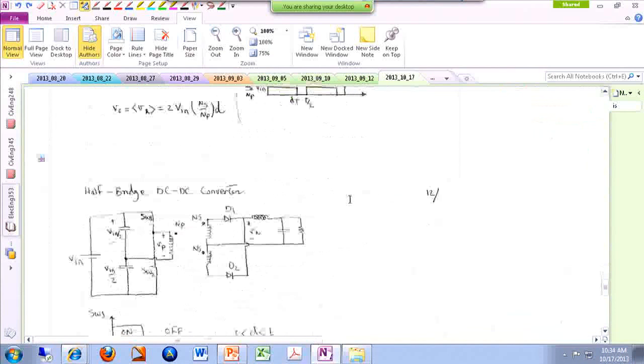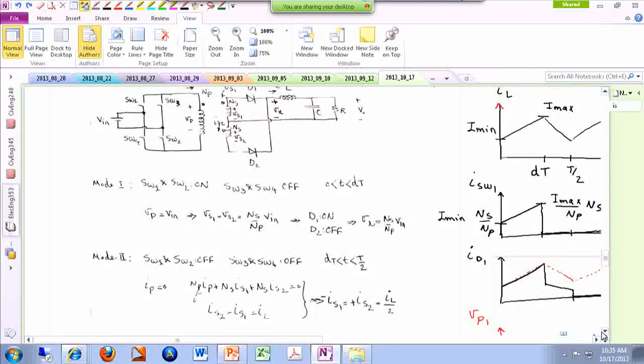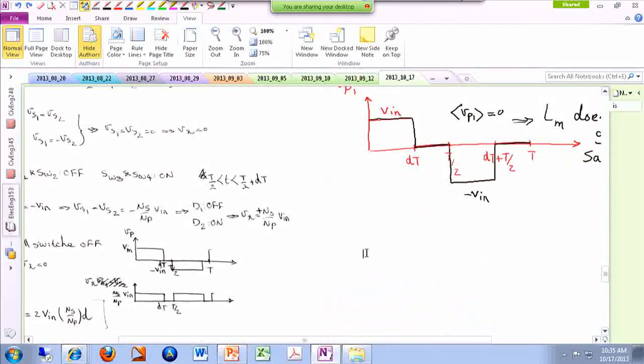All right, so the switching pattern is, let me draw it down here. We are talking about a forward converter now. No, it's not forward, it's full bridge. All right, so we have 4 switches here, right?